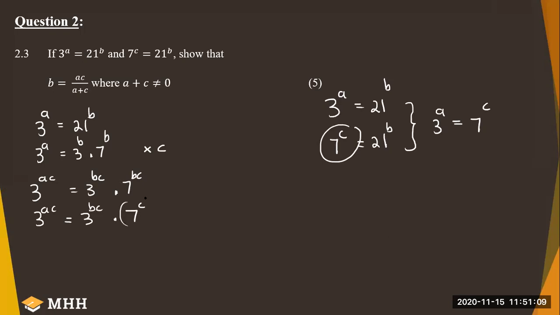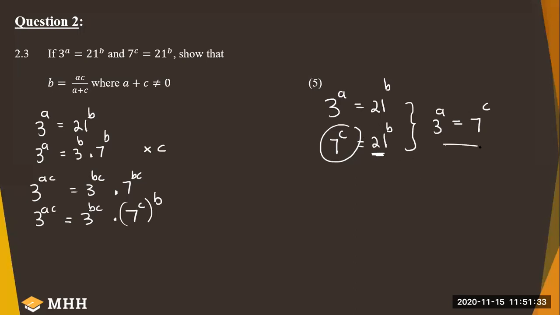And you see, I can write that b on the outside. Okay, I know it's complicated. So 7 to the power of c, I can substitute with something. I don't want to substitute it with 21 to the power of b, then I'm back to the basics.